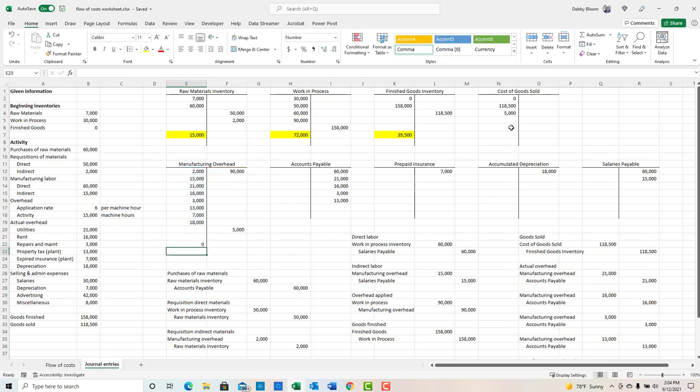So notice that manufacturing overhead is now 0, and we now have a cost of goods sold of 118,500 plus 5,000, which is 123,500. So these three yellow balances, raw materials, work in process, and finished goods, are going to go on the balance sheet, and cost of goods sold is going to go on the income statement.